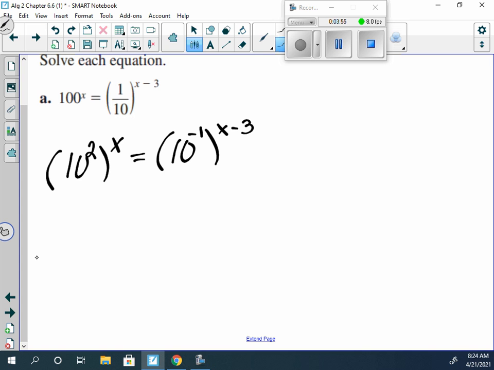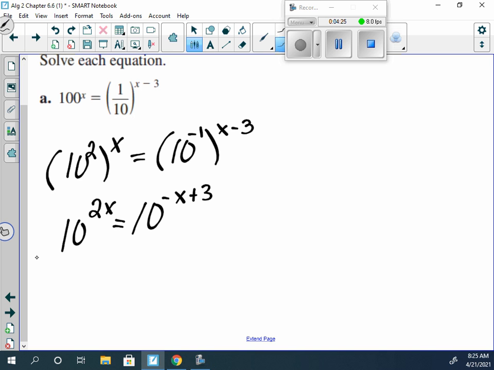So let's simplify it a little bit, because powers of powers multiply, so we can multiply those together. So 10 to the 2 to the x is the same as 10 to the 2x, and that is equal to 10 to the, I'm going to multiply x minus 3 by negative 1, negative x plus 3, because it's affecting both the x and the negative 3.